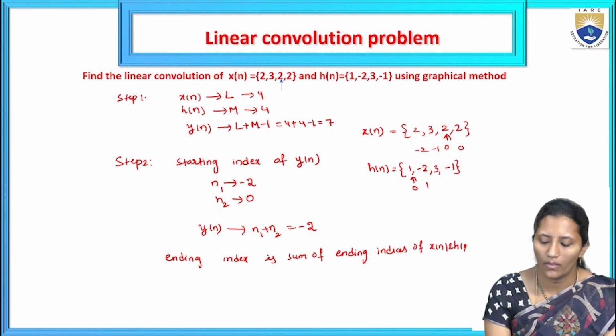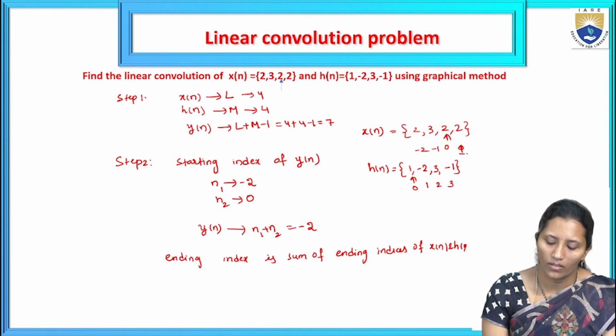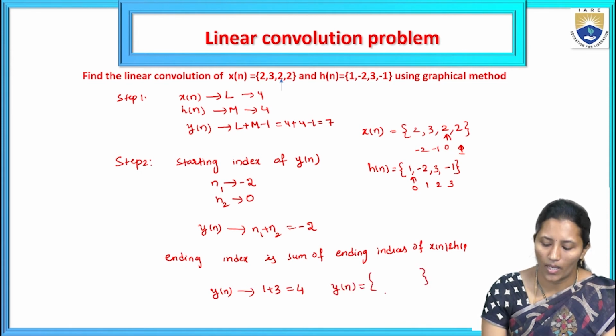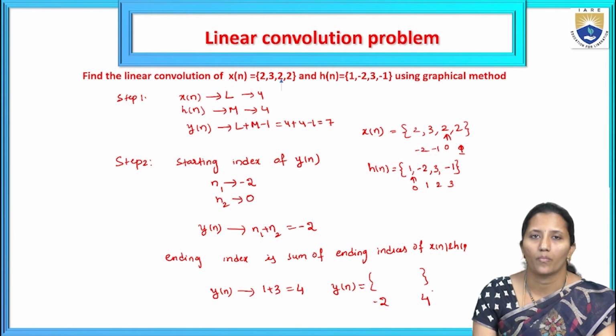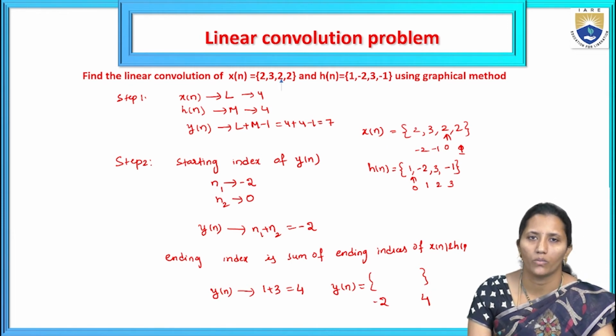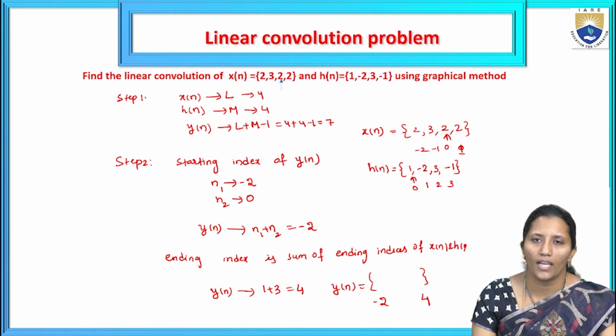So here 0, 1, 2, 3, and here minus 1, 0, 1. So the y of n ending index is 1 plus 3, that is 4. So the y of n starting index is minus 2 and it ends at 4. So totally it has 7 samples: minus 2, minus 1, 0, 1, 2, 3, 4. So this is the method.